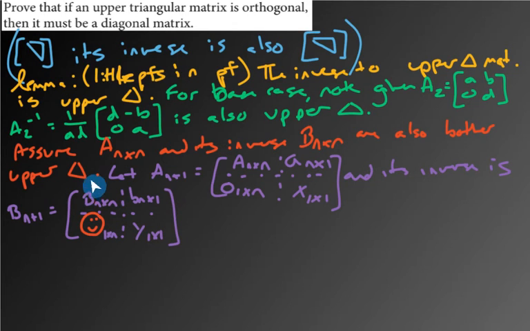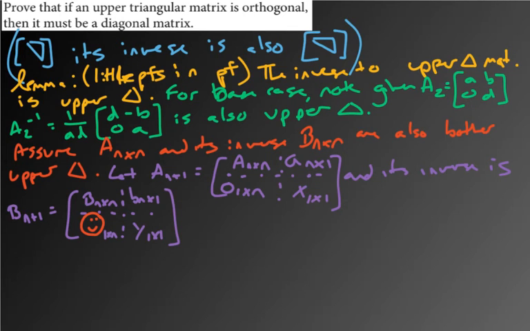So you got to look at this: most of the matrix, right? These are the B and A's from here. And then this is an n by 1 vector. This is a 1 by n vector, and this is a 1 by 1 scalar. So that would create an n plus 1 by n plus 1 square matrix for both of these, okay? So I let that be that, and its inverse is blah, blah, blah.